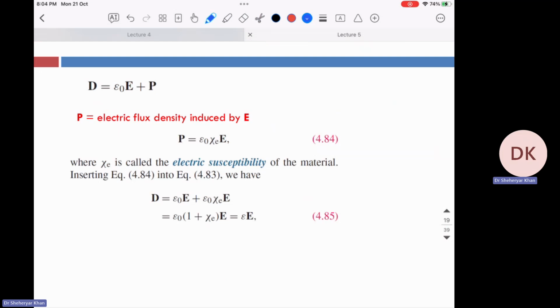This chi_e is called the susceptibility. Now, this is another constant. It defines how good your material is in terms of facilitating the polarization. Sometimes you provide a lot of field and the material is not polarizing. And there's another field, what we call material science, that helps us understand the structure and chemical composition of the material itself.